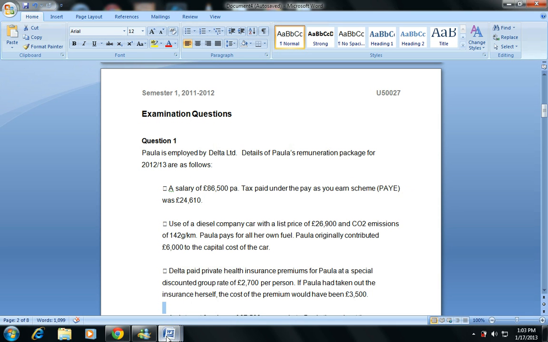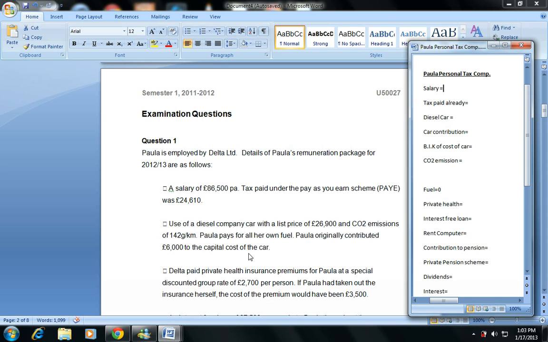Let's keep the notes down. Salary was 86,500, and the amount of tax she's already paid within the year, because she pays every month, so that's the tax she's already paid.